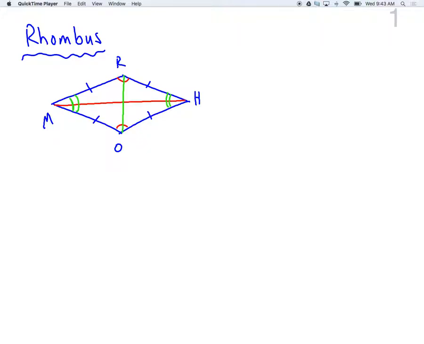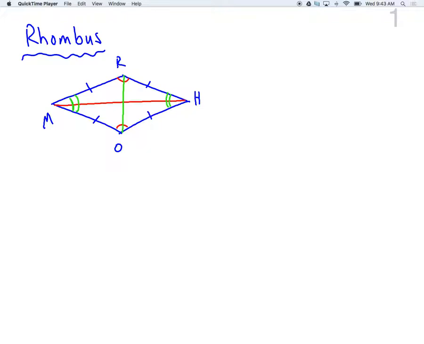Okay, let's stop for a second. With those markings on the board, what else can you tell me about RHOM? From what we did yesterday. It's not a parallelogram. I'm sorry, that's incorrect. It is a parallelogram, excellent.